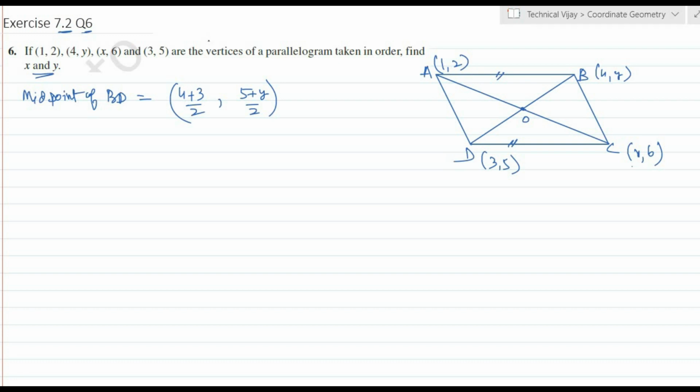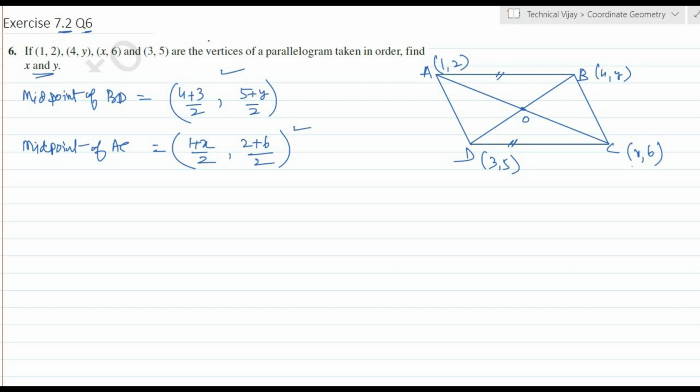This is equal to the midpoint of AC. Here for AC, (x1 plus x2) divided by 2 is (1 plus x) divided by 2, comma, (2 plus 6) divided by 2. Now you see this midpoint and this midpoint are equal.